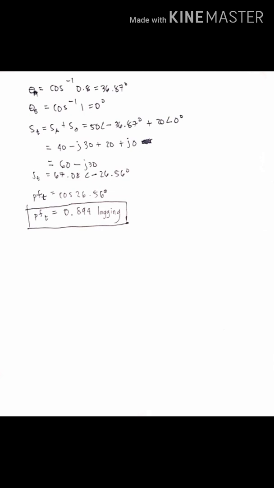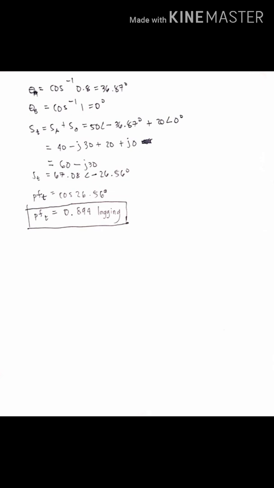Next, find S sub T, which is equal to S sub A plus S sub B. S sub A is 50 angle of negative 36.87 degrees, and S sub B is 20 angle of 0 degrees.